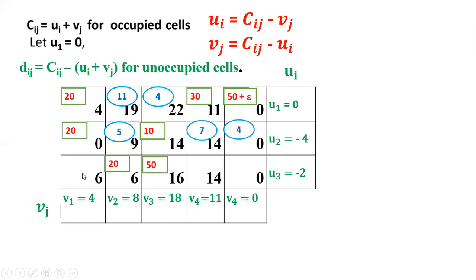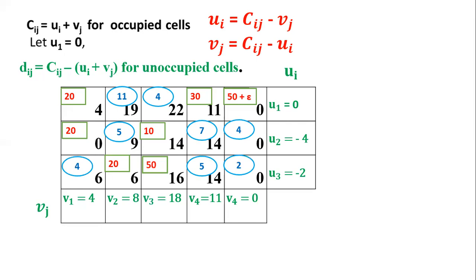And next one is 6 minus open bracket minus 2 plus 4. Close it, calculate, and the answer equals 4. And next one is 14 minus 2, open bracket minus 2 plus 11, 9. 14 minus 9, 5. And next one is 0 minus 2 plus 0, plus 2.